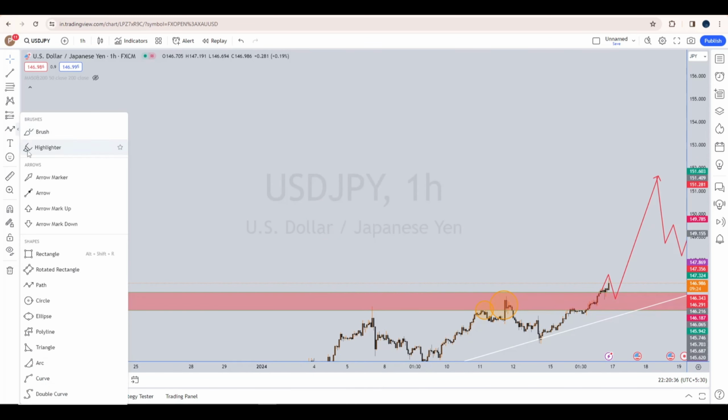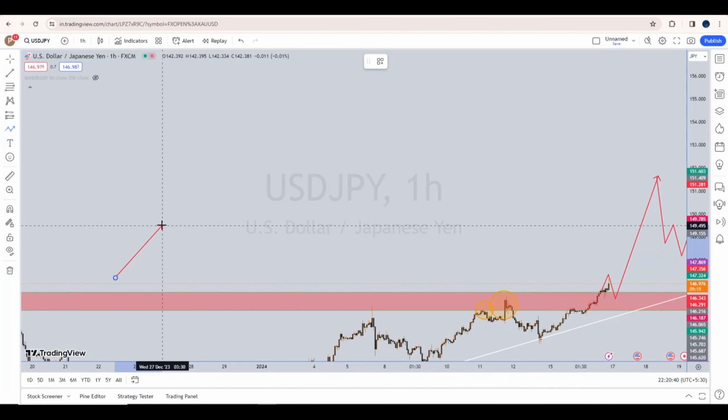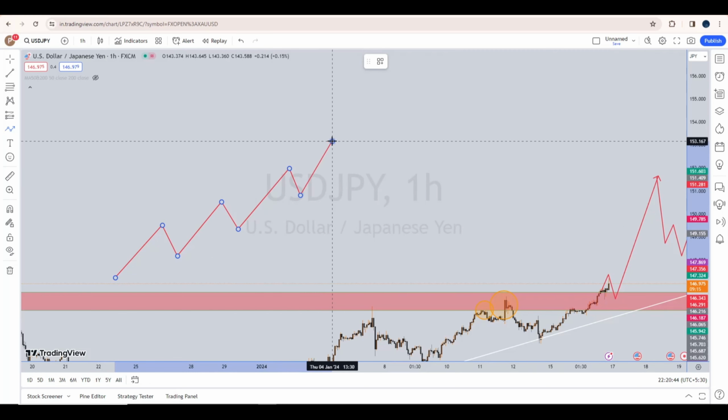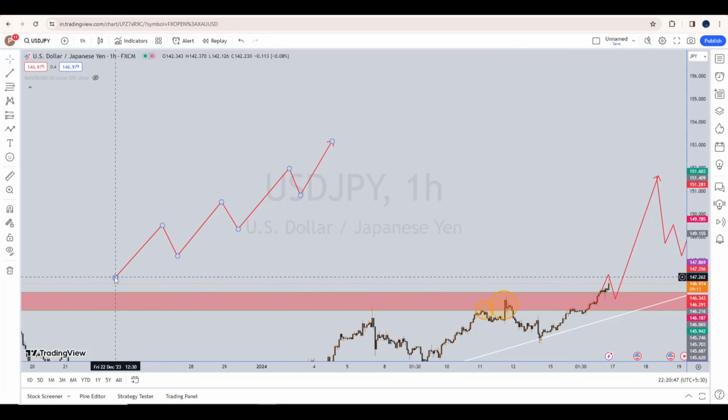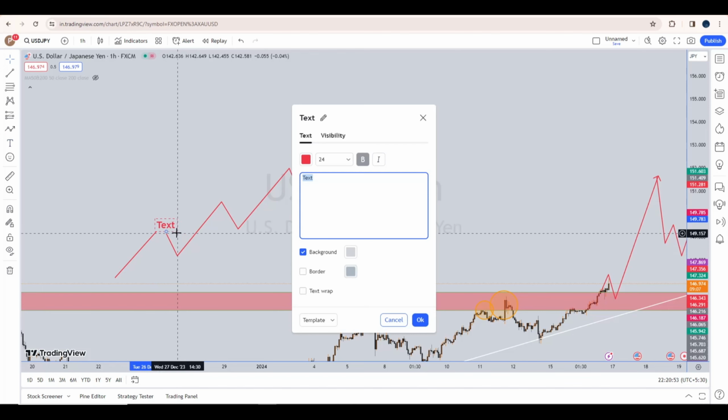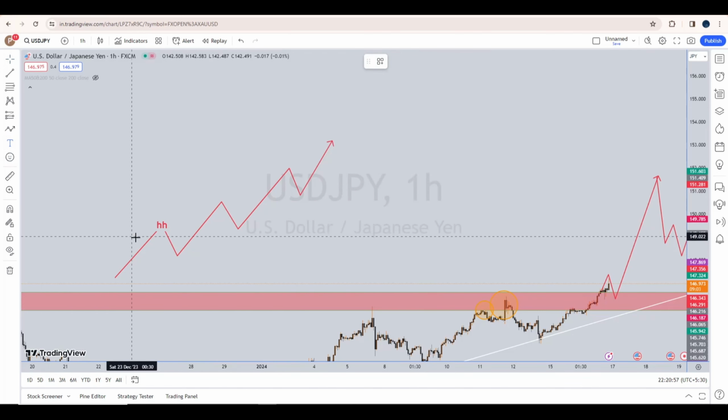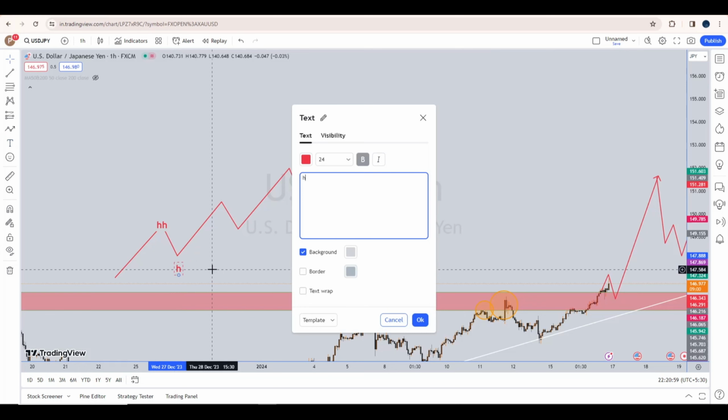Let's first understand what is an uptrend. Basically an uptrend is a trend which is going upwards like this. So price is going upwards. It starts from somewhere here, it forms a high, known as a higher high, HH, and this lower part is called HL, higher low.